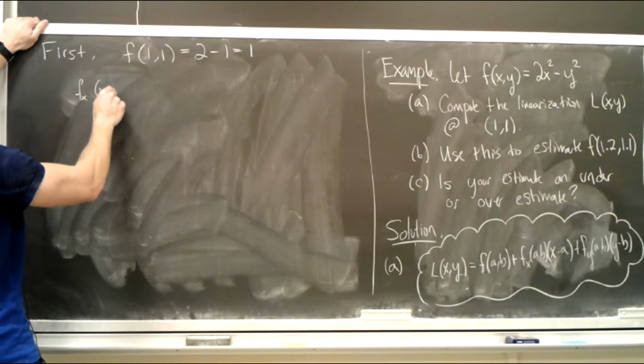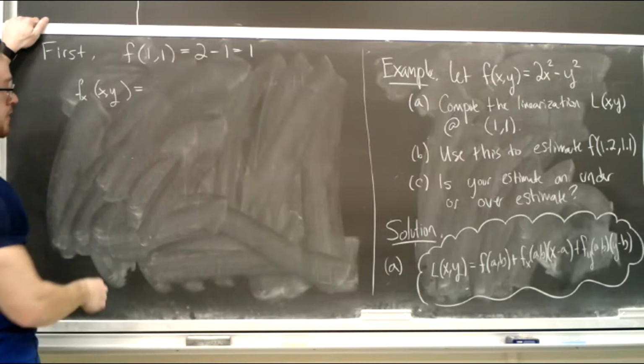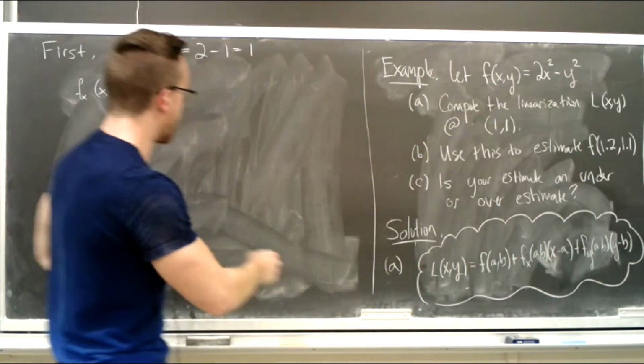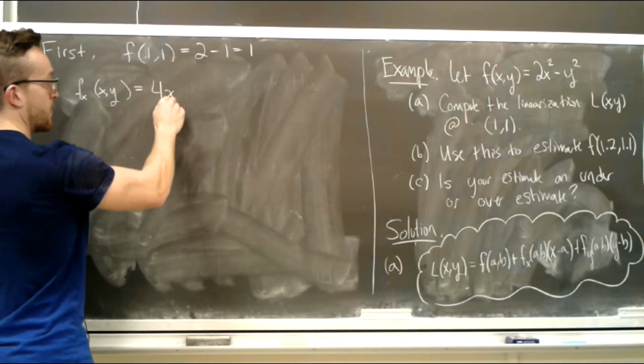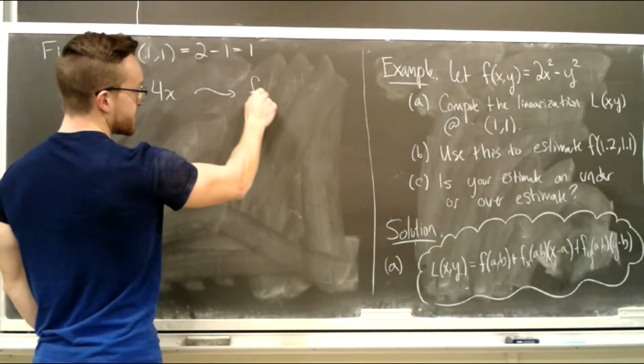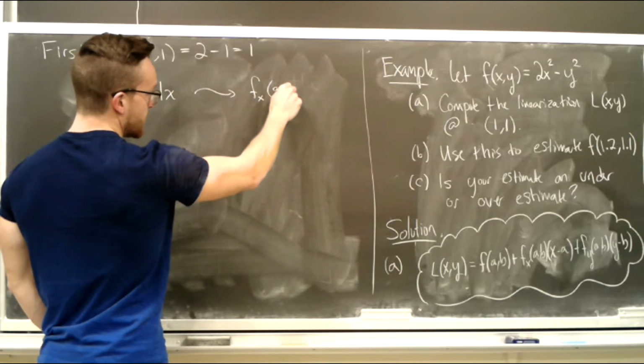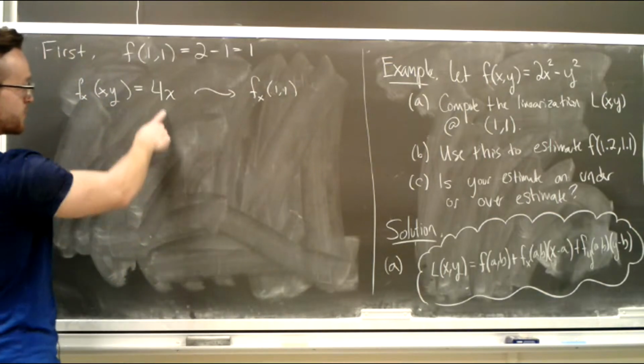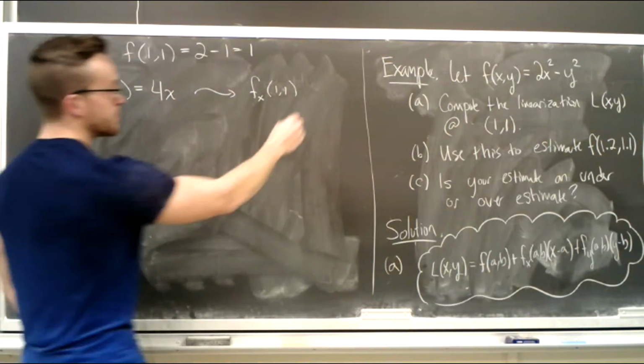The x partial as a function is, if I take the x derivative here, I'll just get 4x. So this tells me that the x partial at AB, at 1, 1, is just going to be 4 times 1, which is 4.